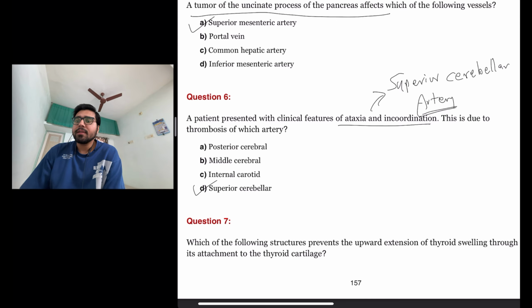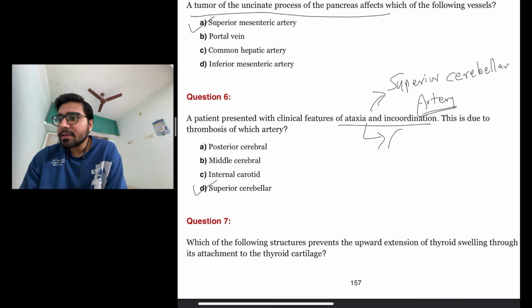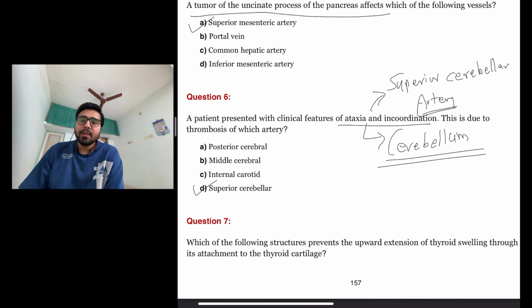So the answer here is D, because these are the symptoms of the cerebellum. So ataxia is there, incoordination is there. These are all the symptoms of the cerebellum. So the cerebellum symptom and defect is the superior cerebellar artery.